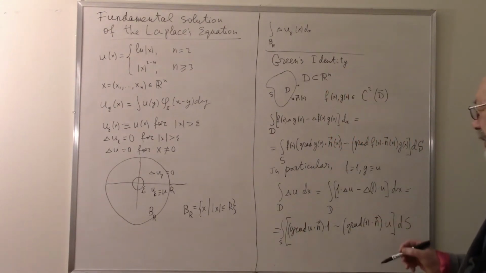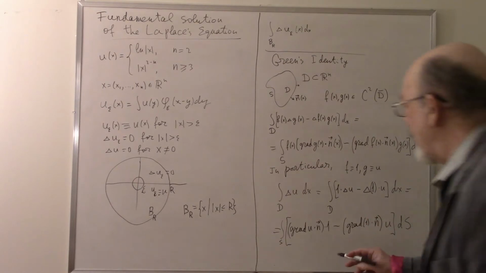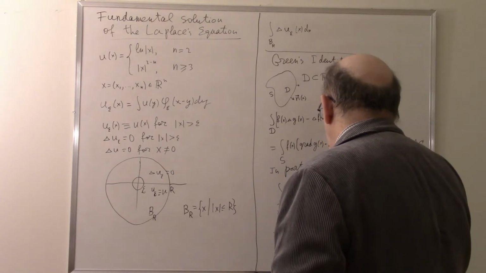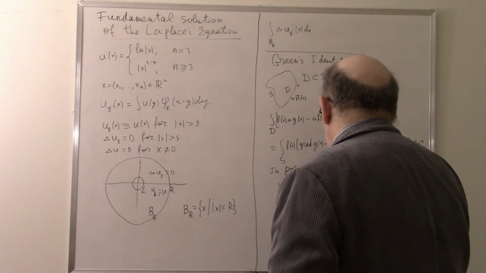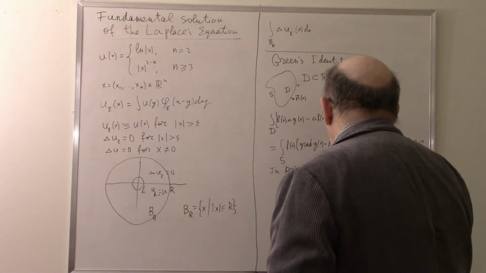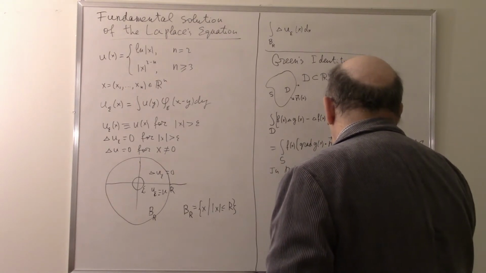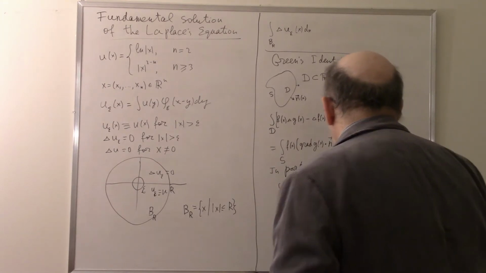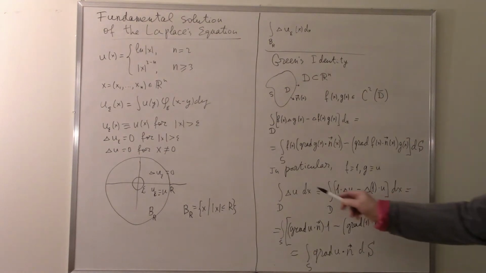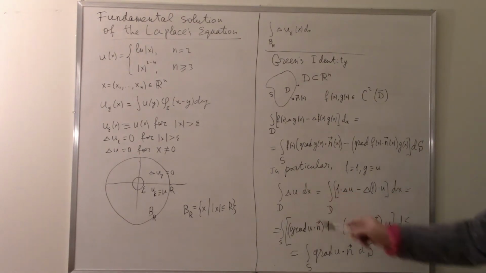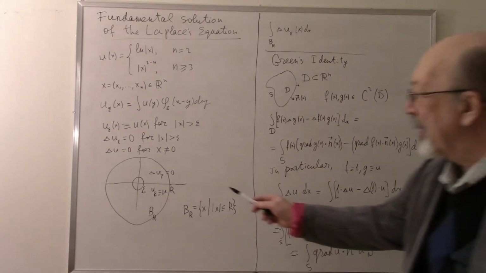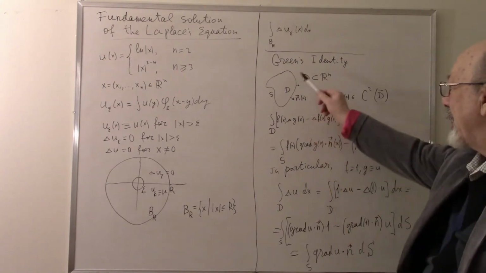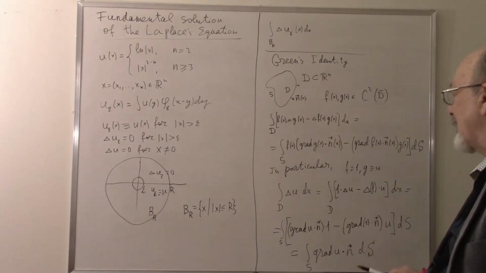But 1 is a constant, so its gradient is 0. So there remains only the integral over S of gradient u dot n ds. So the integral of the Laplacian of u over any domain D equals the integral over the boundary of gradient u dot n ds.